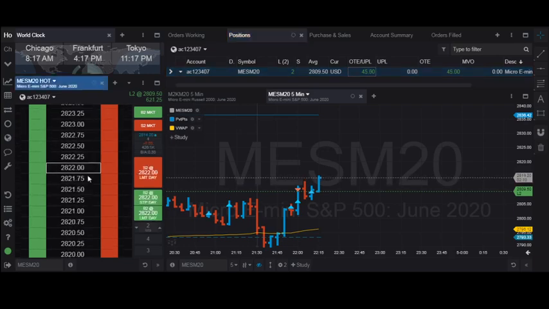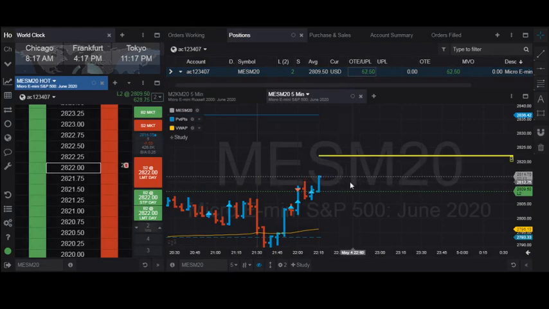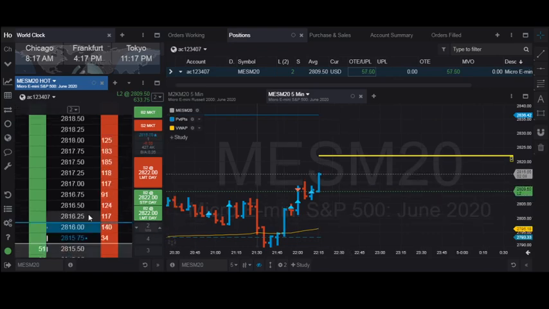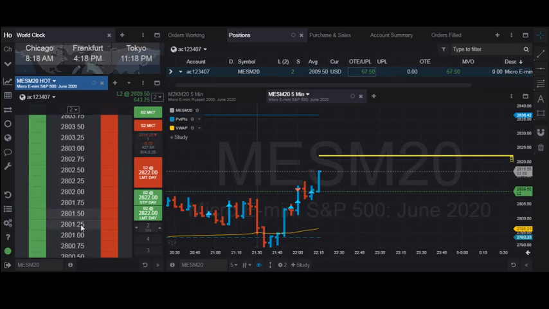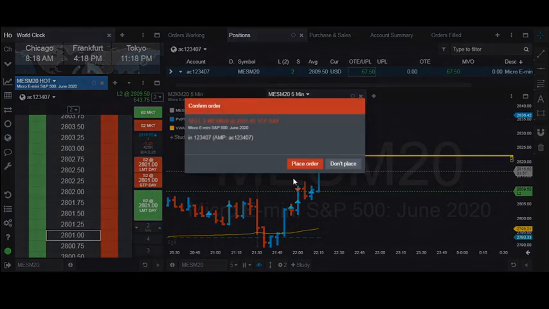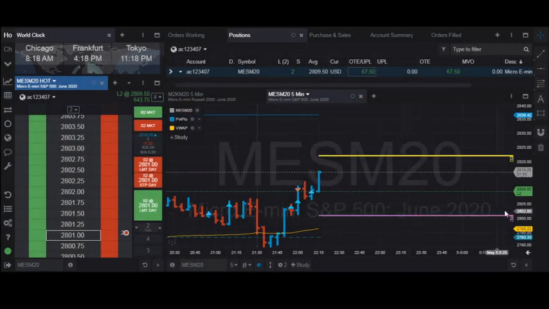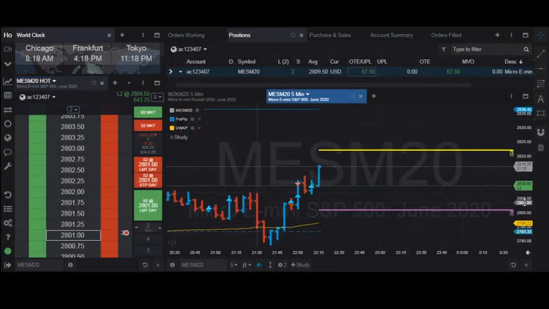This will be my profit target, and the stop loss, looks good, quite fast. The stop loss will be at 28.01, something like that. Hopefully the price will not reverse back to this level. Sell to stop, this is the stop loss. Everything's in place, and let's wait.